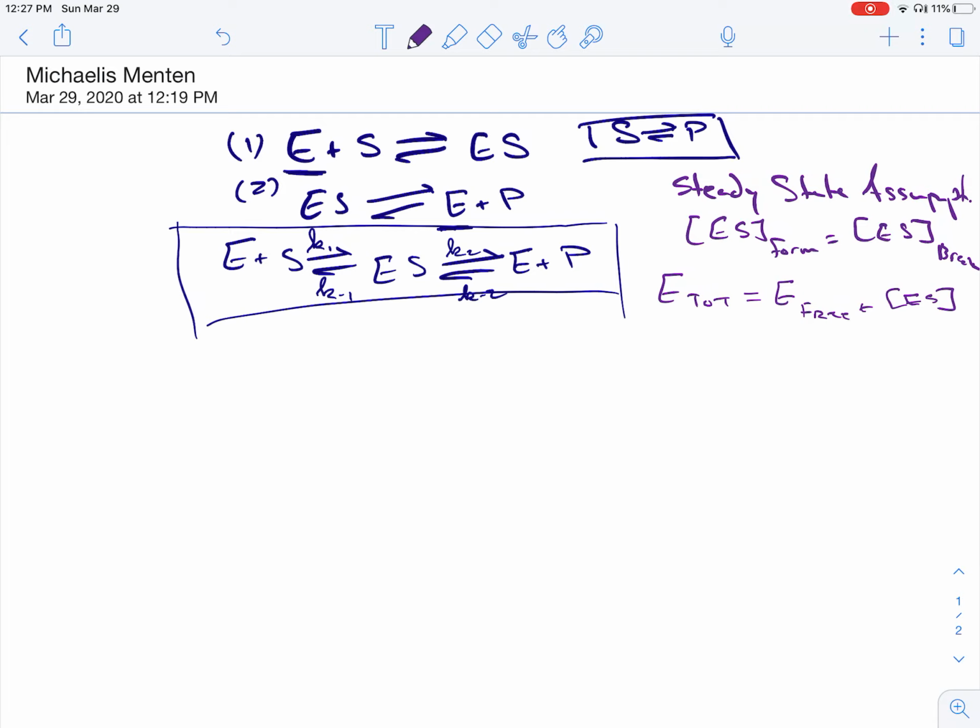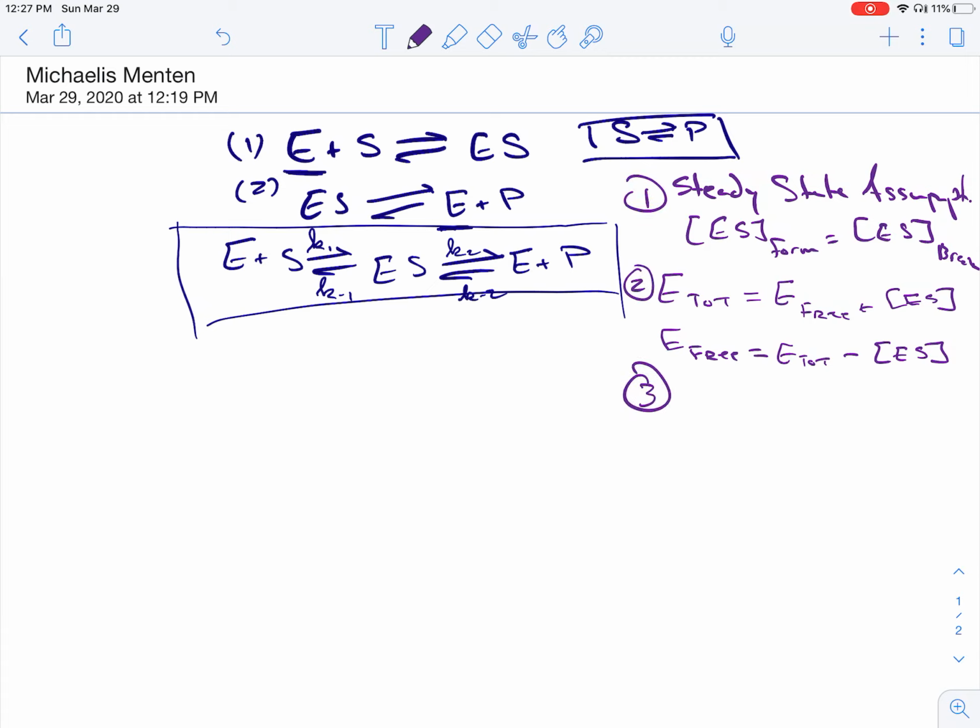And again, we saw something similar to this in the protein ligand binding equation. And so we can define here just by using algebra, we can say that the free enzyme is equal to the total enzyme minus the enzyme that's bound in complex. Okay, and that's something that'll come up useful later on. So let's see, this is 1, this is 2.